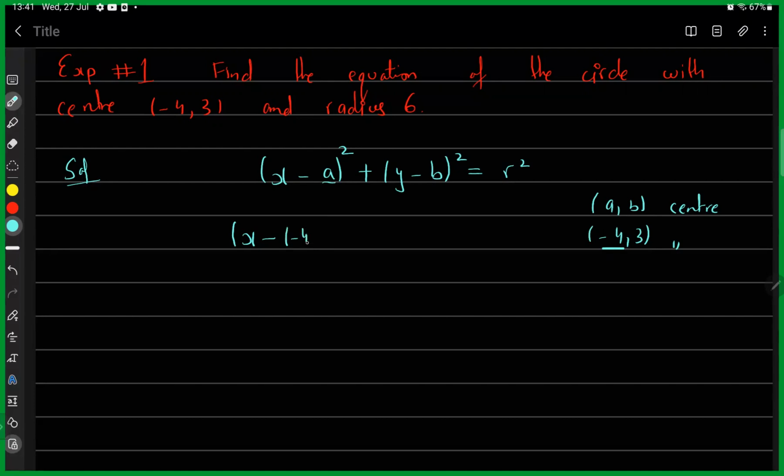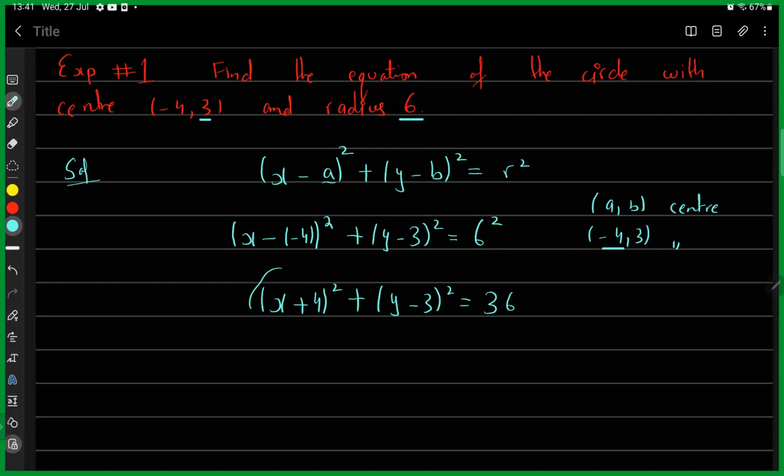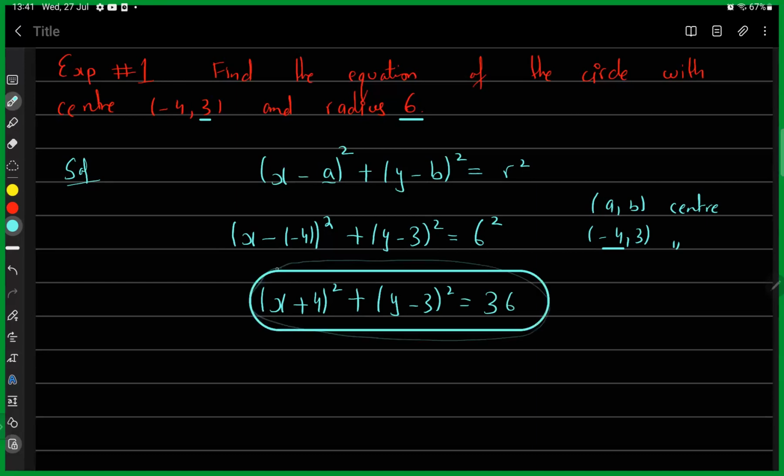So I'll write down -4 and then it's whole squared plus y minus b is basically the y coordinate of the center. Here it is. Whole squared equals radius squared. So radius is 6. So I can write down 6 squared and this would become x plus 4 squared plus y minus 3 squared equals 36. So this is going to be the equation of the circle with center -4 and 3 and radius 6. Okay, this is how we do such stuff.